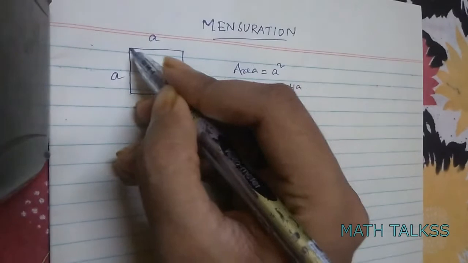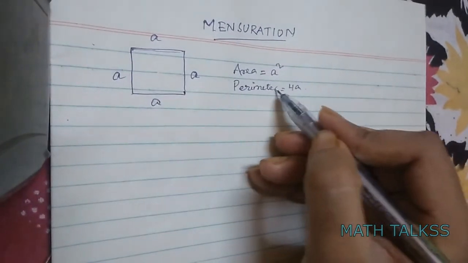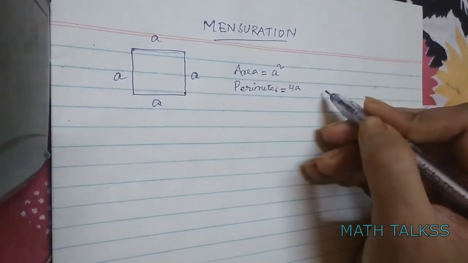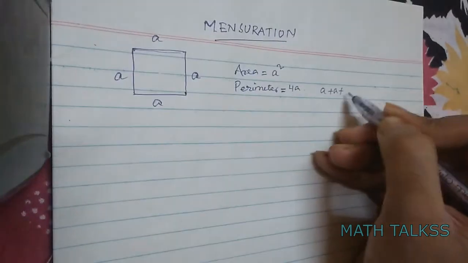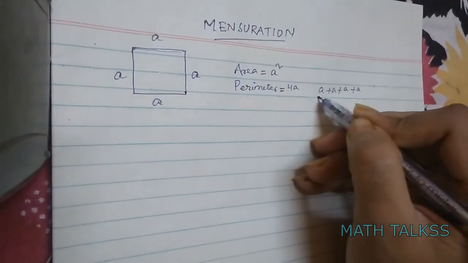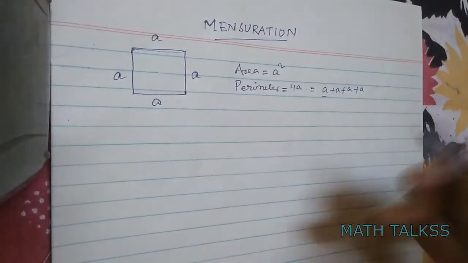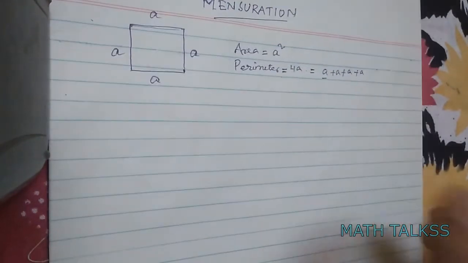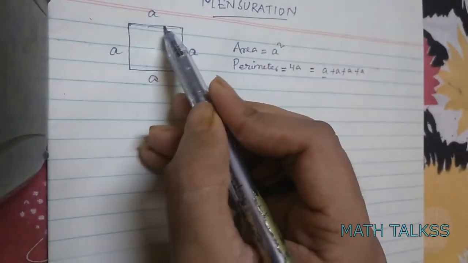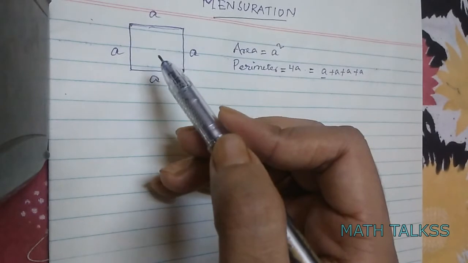Since there are four sides, the perimeter of the square is a plus a plus a plus a, that is 4a. Okay, now this is the square which is in a plane.